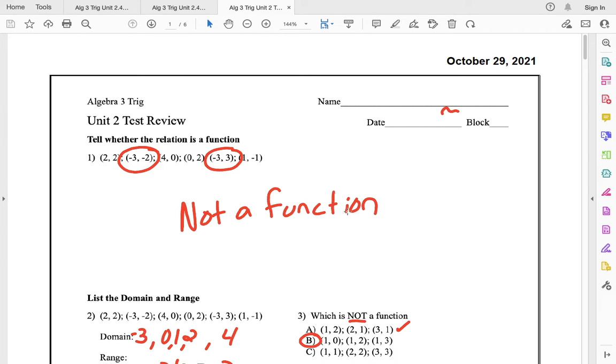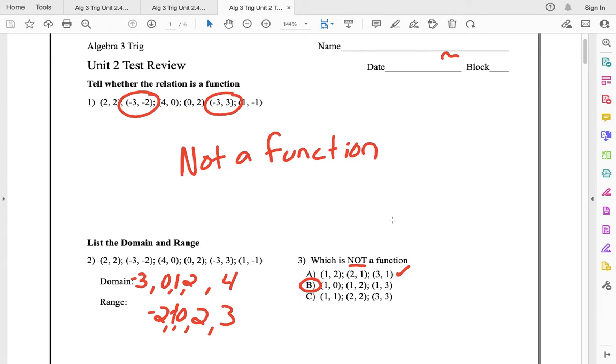All right. So for number one, we had to decide whether it was or was not a function. The first thing we're going to ask ourselves is if we see any repeats for x, and we do. We see here and here that x is -3 and x is -3.